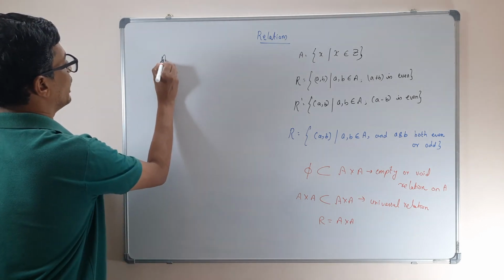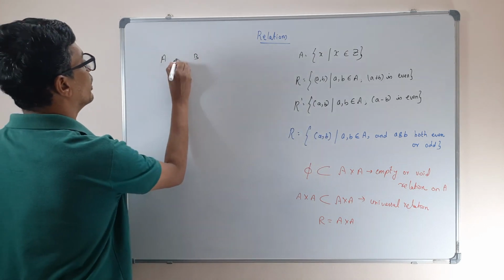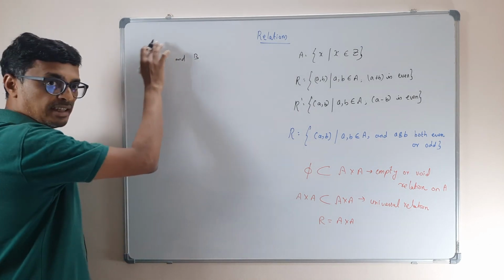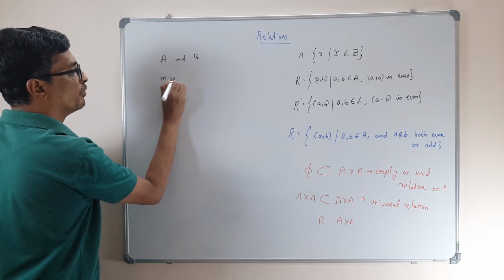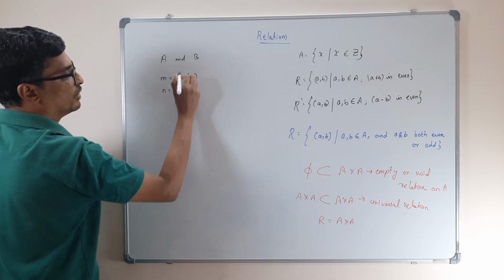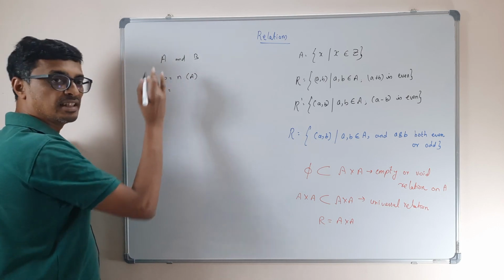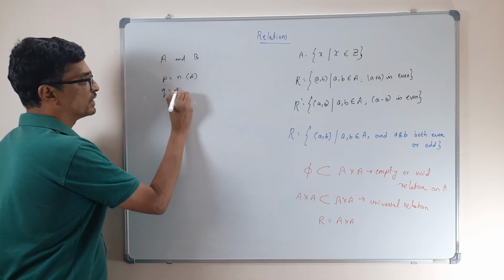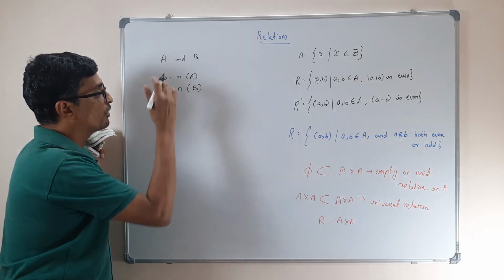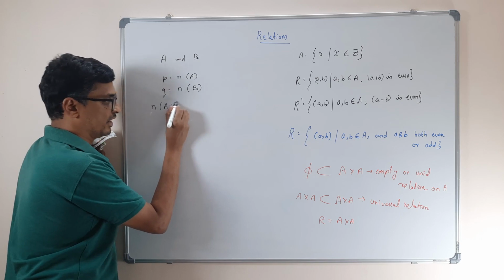Let the number of elements in A be P, that is n(A) equals P, and Q is the number of elements in B. Now, can you tell me the number of elements in A cross B? n(A cross B) is PQ.